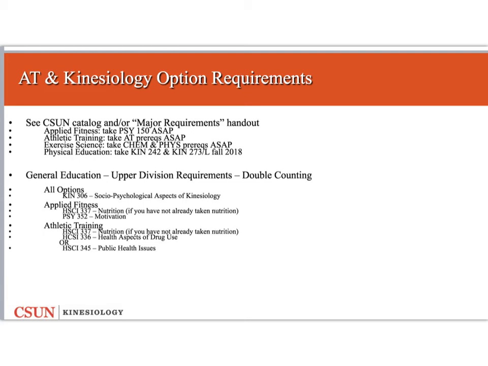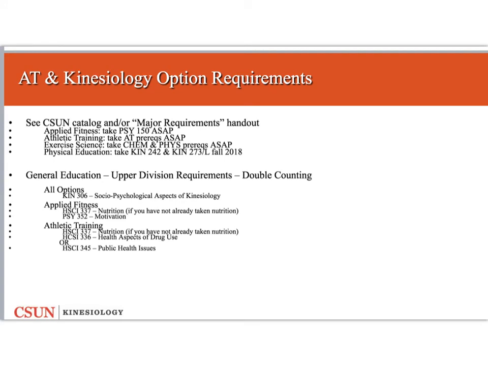Applied fitness. Another course required for applied fitness is motivation, Psych 352. As I said before, the prerequisite for this course is Psych 150. So if you haven't had General Psych, you need to take that so you're prepared for Psych 352. Psych 352 is another one of those classes that can double count. So it will meet your applied fitness requirement.